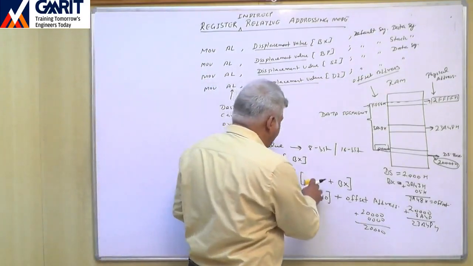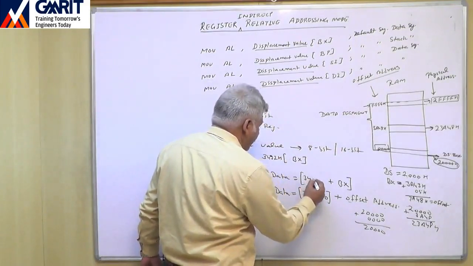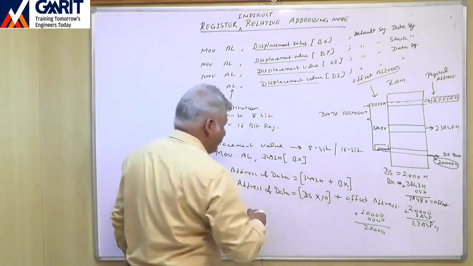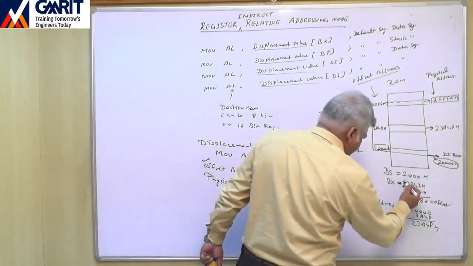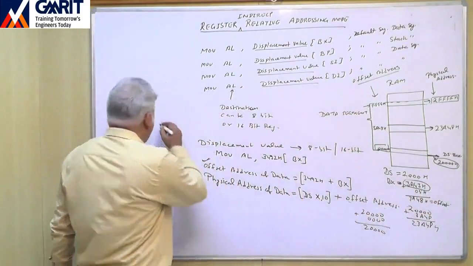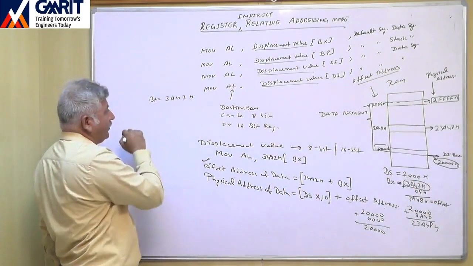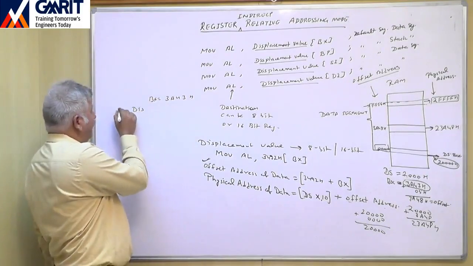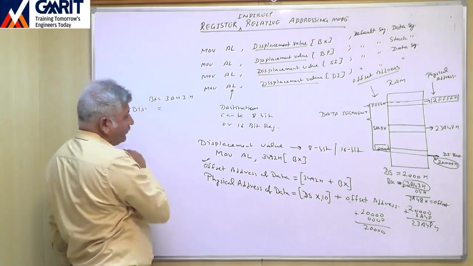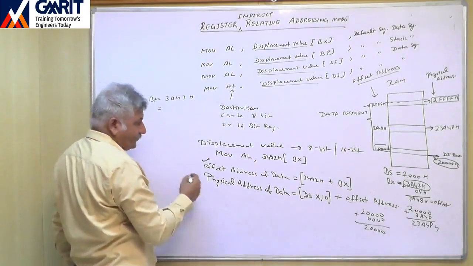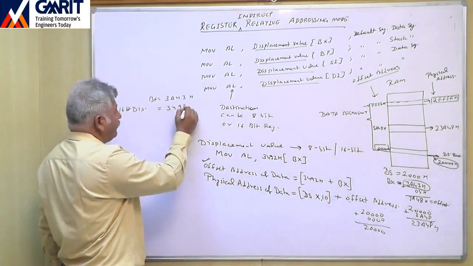Here you add the 16-bit displacement value with the BX register. The displacement is 3492H, so I will add this to the value of BX. The BX register has the value 3A43H, and to this we add the 16-bit displacement 3492H.